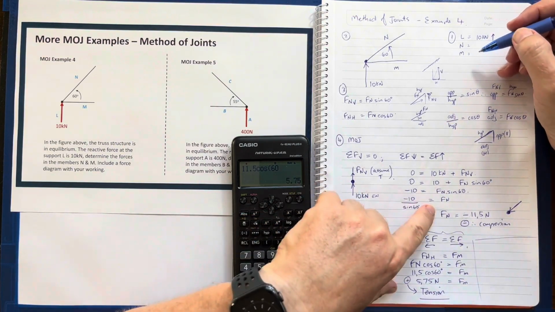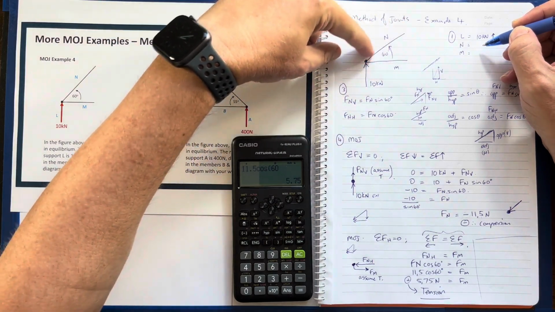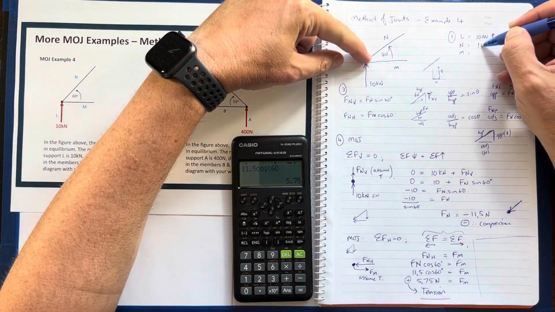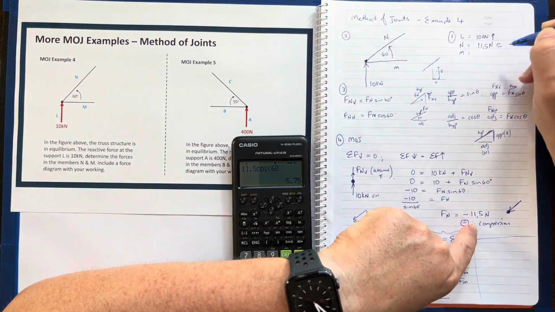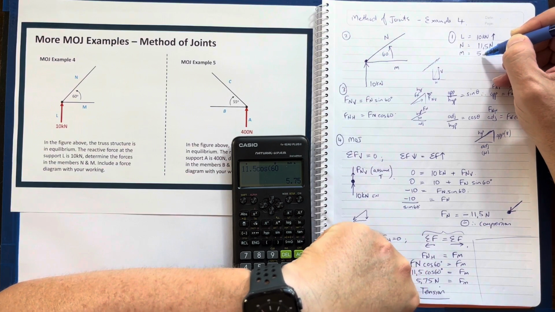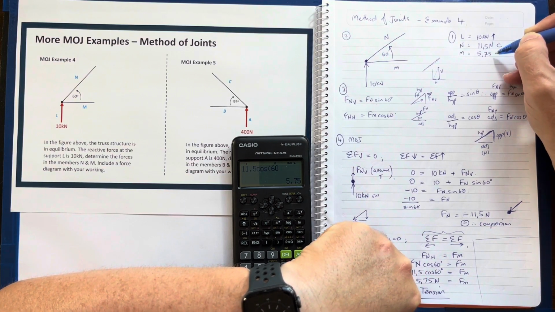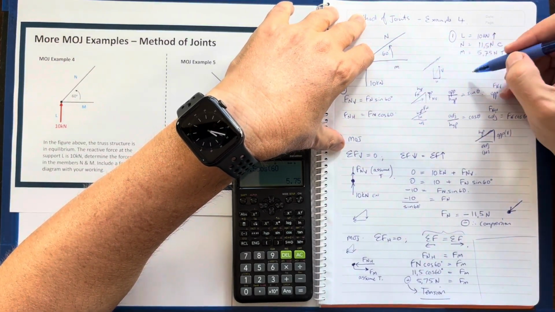So if I go back up here, my force N, the force going down at that angle at 60 degrees, is 11.5 kilonewtons in compression, and M is 5.75 kilonewtons in tension. And you see how that made sense now with the 60 degrees of this angle.